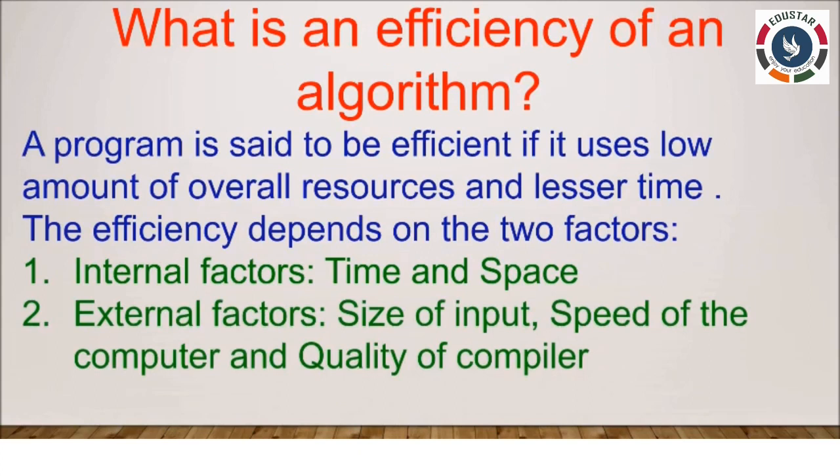The program is said to be efficient if it uses a low amount of overall resources and less time, meaning the execution is fast and it needs fewer resources. I discussed what resources will be needed. So efficiency depends on two factors, the internal factor and the external factor.